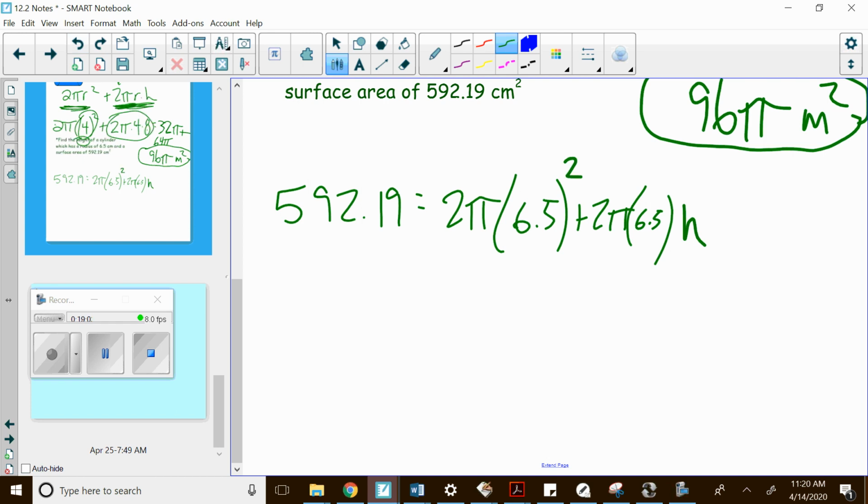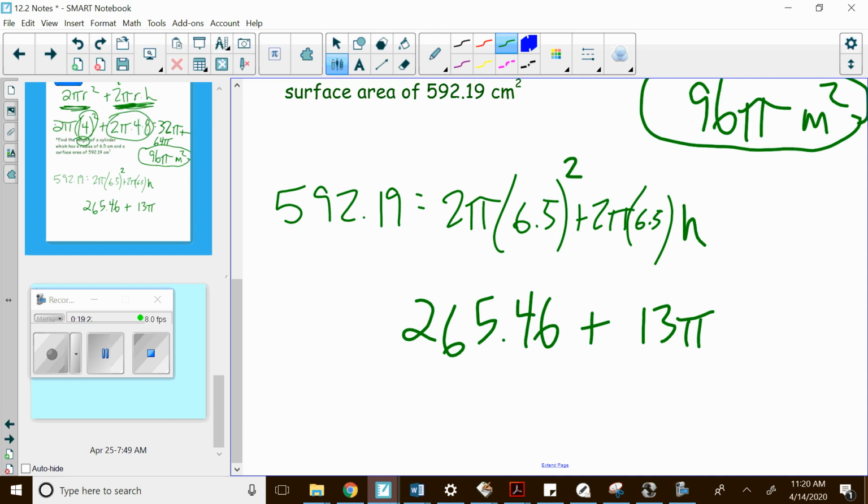Okay, that's actually going to be something ugly, but 2 times pi times 6.5 times 6.5 is 265.46, plus 13 pi h. Okay, that's equal to 592.19.